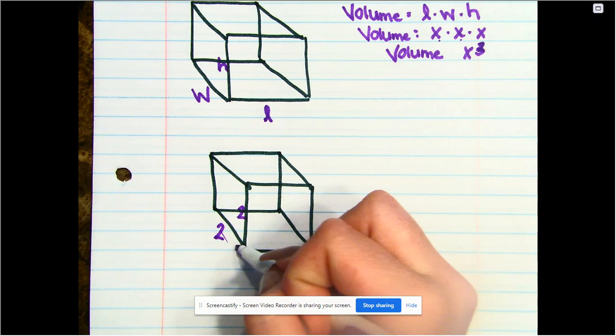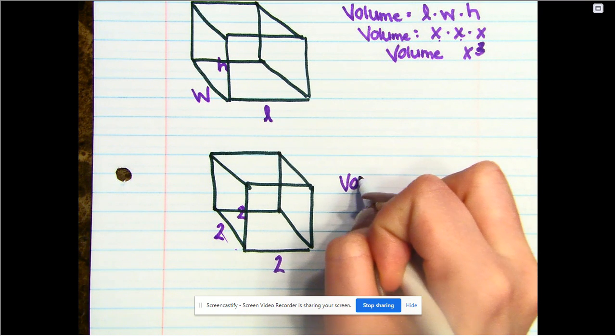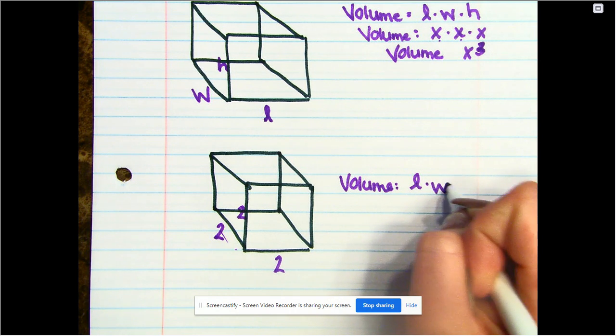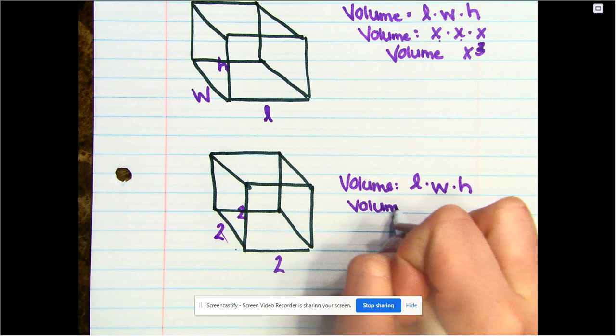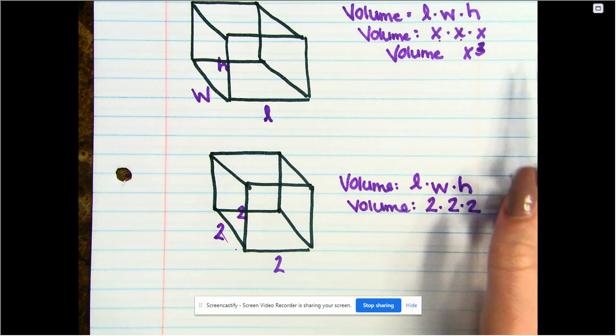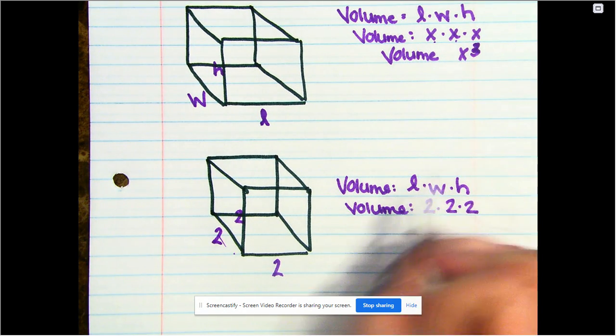So the length is 2, the width is 2, the height is 2, they're all 2. Okay, so to find the volume, you take the length times the width times the height. All sides are the same, so 2 times 2 times 2, which is why I use x times x times x up here, using the same variable to represent that.